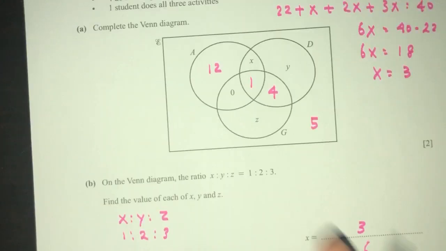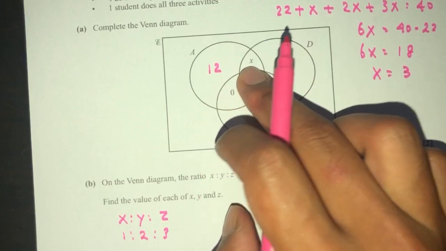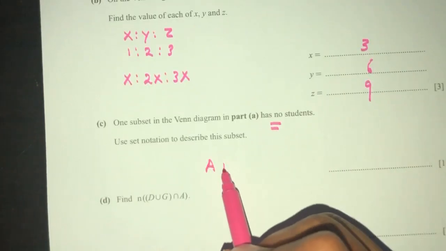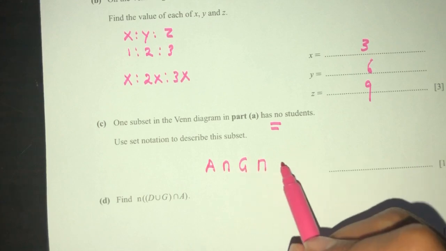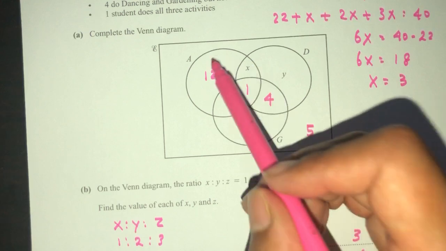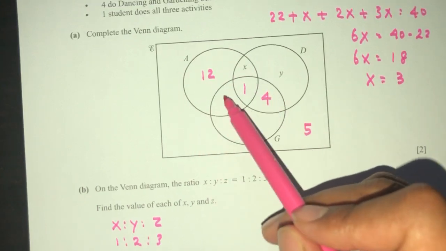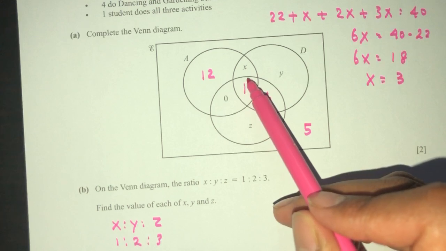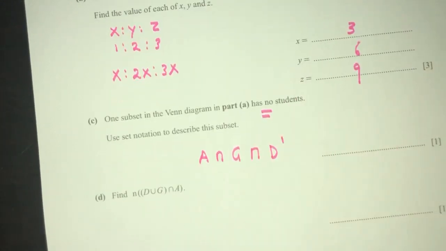If you see, this intersecting this one will be the whole thing right here, but not this one. So A intersecting with G and intersecting outside of D. It will not be inside, right? So at first, when you do A intersecting G, you will have this whole thing. But now we only care about this part, so you will have to be outside of D. That's why we have to put D dash.